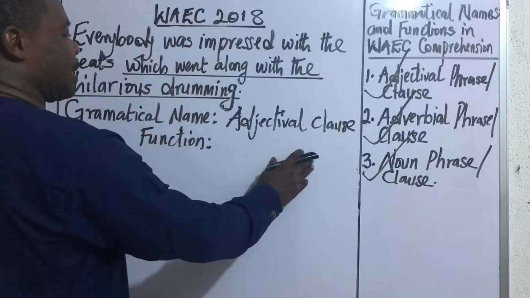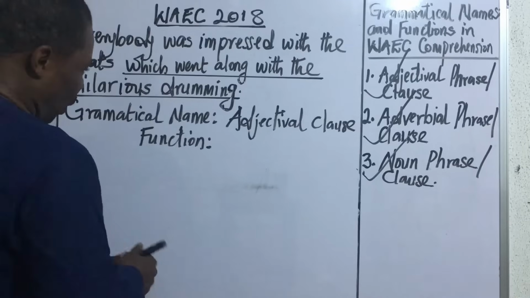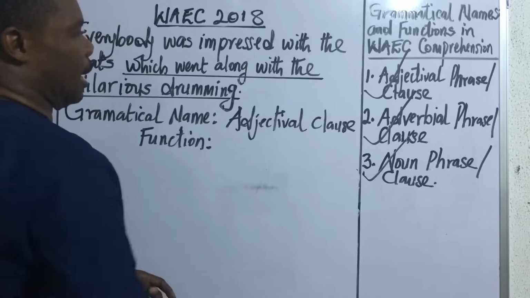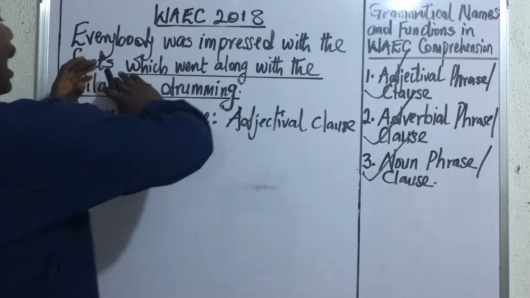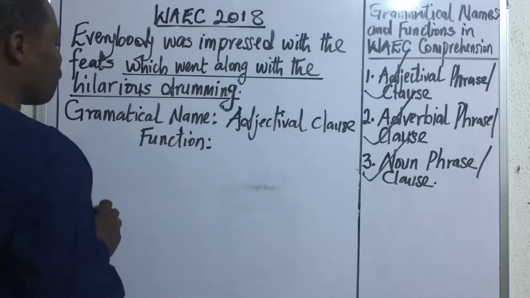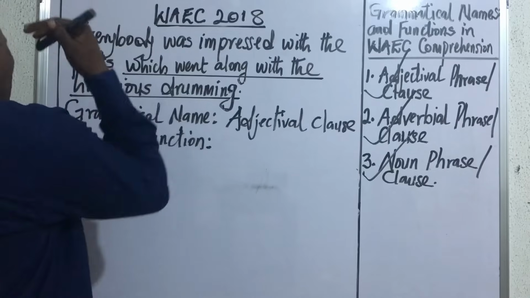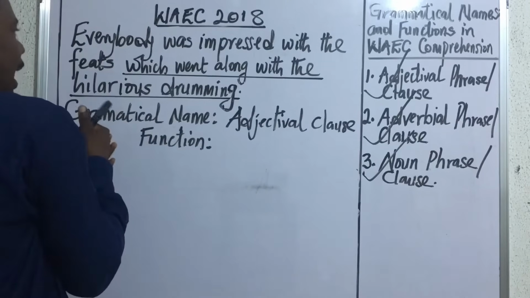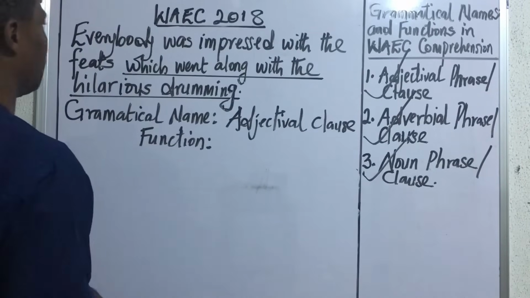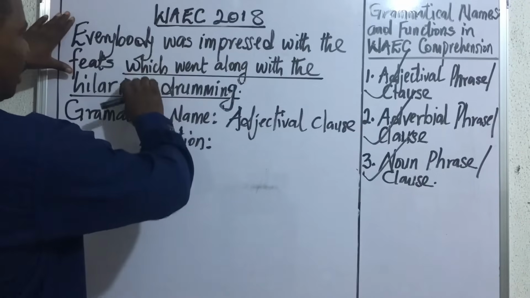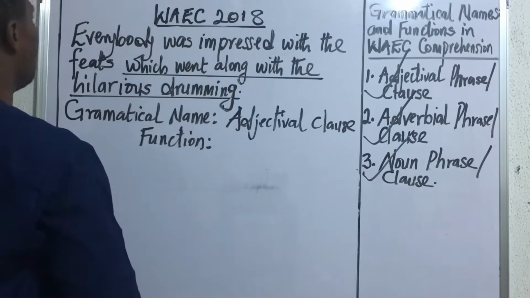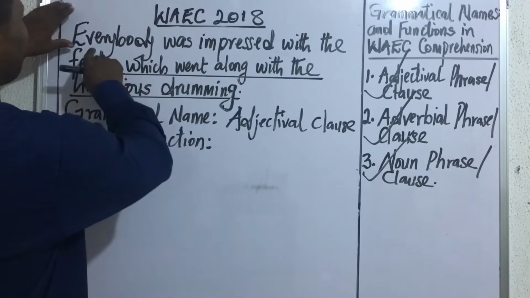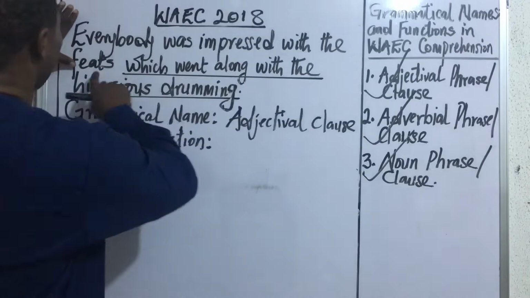The next thing we now ask ourselves is, what is its function? Like we also discussed at the beginning of this video, all adjectival clauses modify the nouns that appear before them in sentences. So as you trace the line back to the passage, you're going to discover that everybody was impressed with the feats.